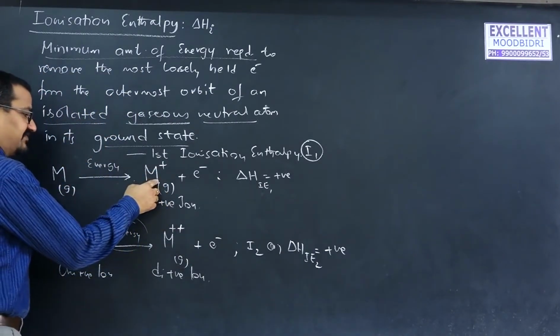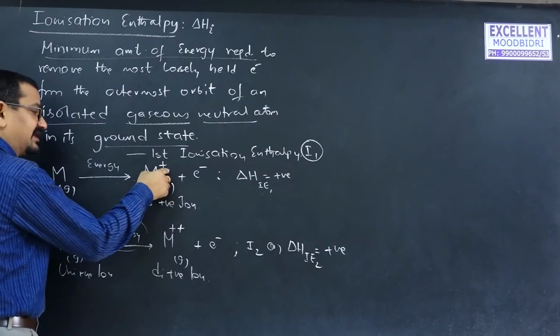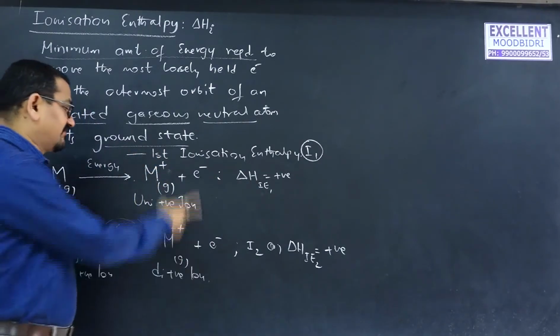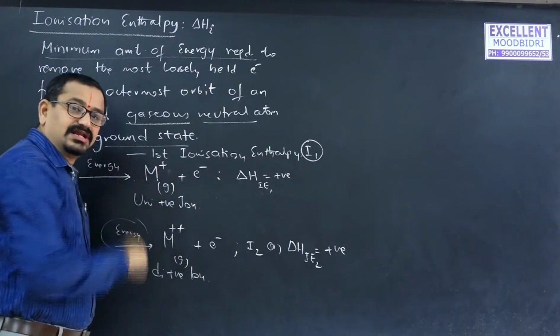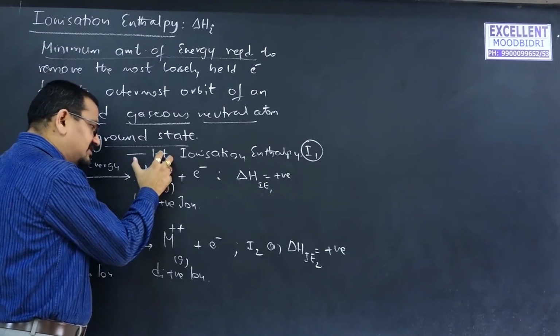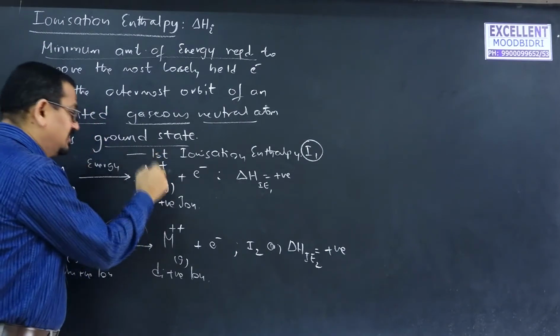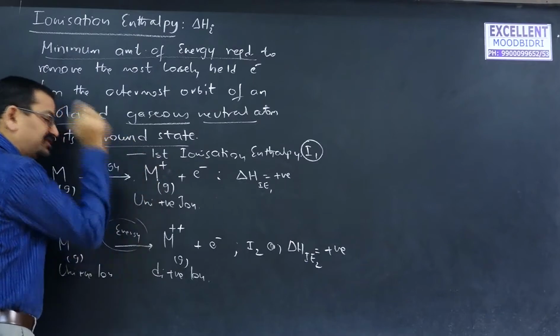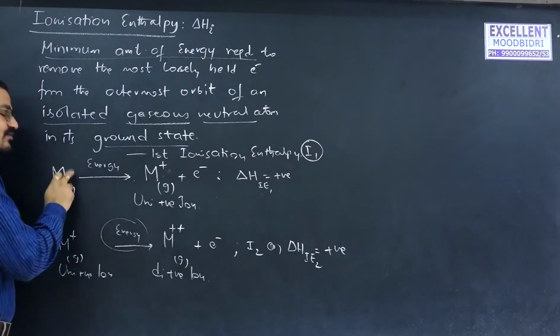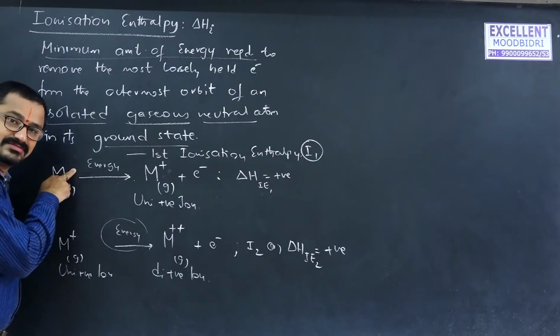In a unipositive ion, the number of electrons is less than the nuclear charge. Yes or no? So nuclear charge is dominating, so electrons are more strongly held to the nucleus. To remove an electron from such a unipositive ion, obviously more energy is required than to remove one from a neutral atom.